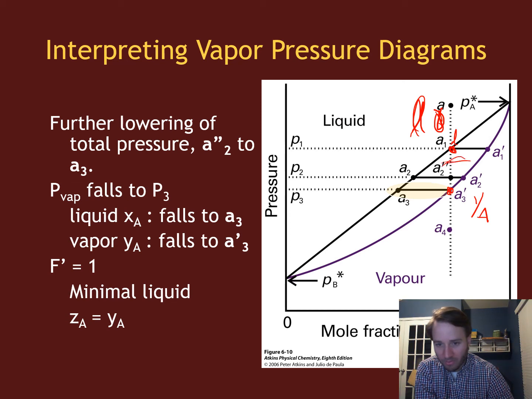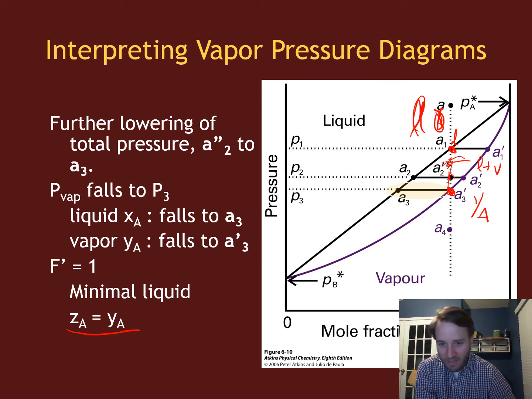Now in this intermediate region, I have a mixture of liquid plus vapor. And then once I get to point A3, I've basically boiled off all of my liquid, and I now just have the vapor left at A3 prime. And so YA is going to be equal to ZA, the total composition.